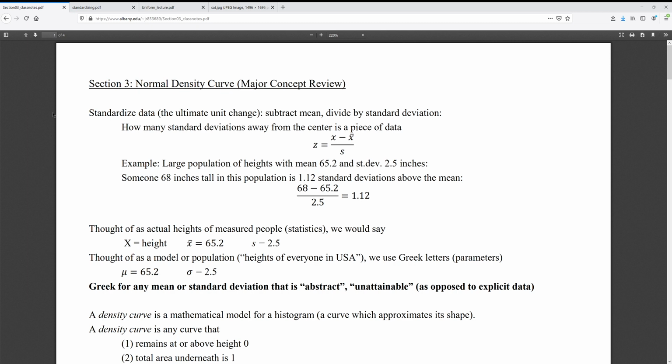With this in mind, we want to talk about standardizing data. You can think of standardizing as the ultimate unit change. It goes like this. First of all, instead of talking about an absolute scale, let's say your body temperature, degrees Fahrenheit, you can talk about how many degrees above or below average your body temperature is, with the idea being that a positive number would mean you are above average, and a negative number would mean you're below average.